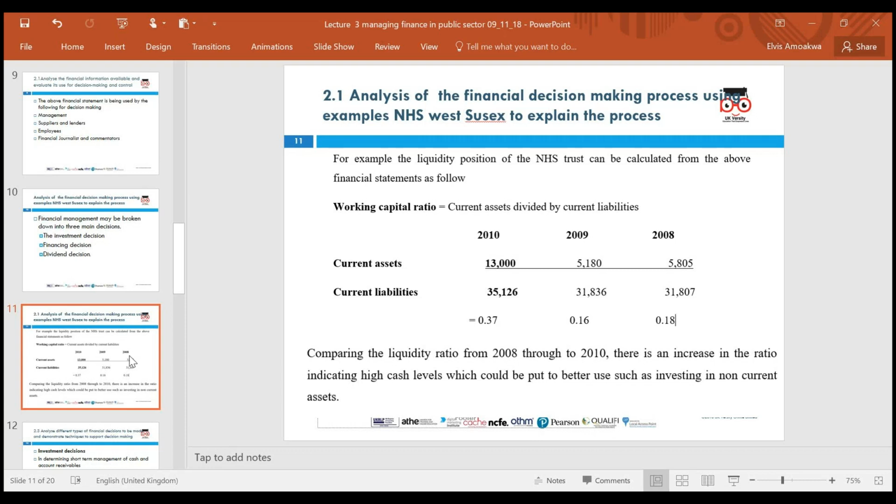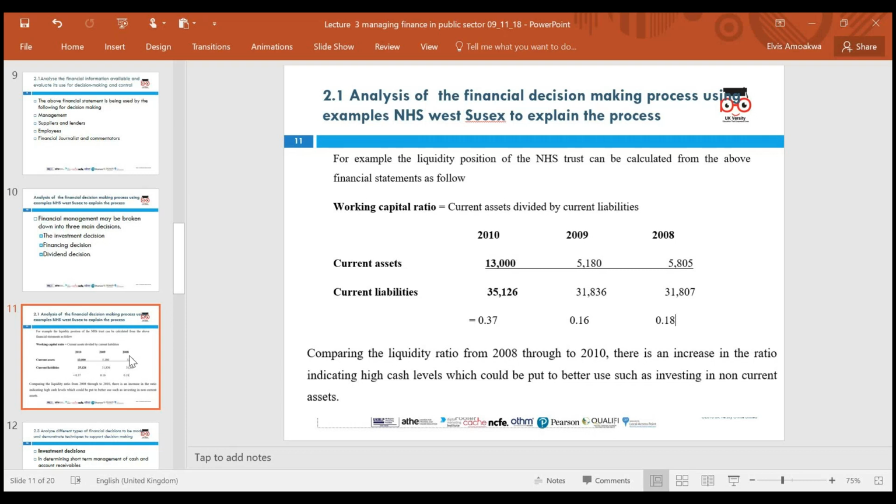So there is a ratio which is called the working capital ratio or the liquidity ratio. Now this ratio is just all current assets divided by the current liabilities. So if you go back to the financial statement I showed you, in the balance sheet, we have current assets and current liabilities.